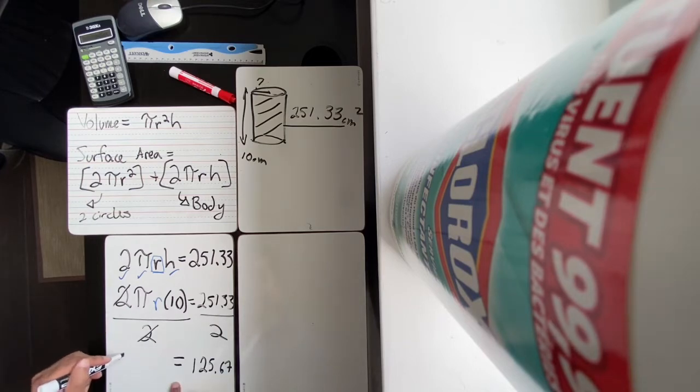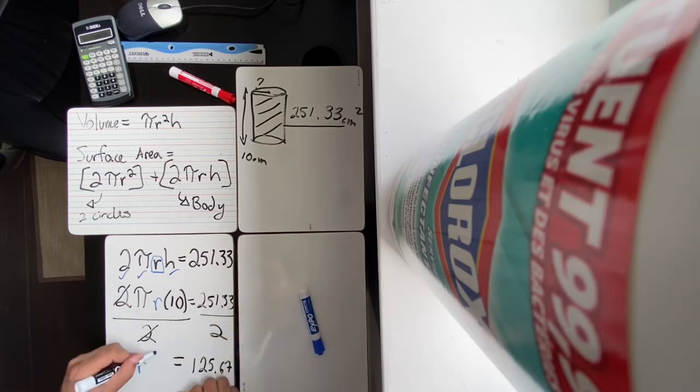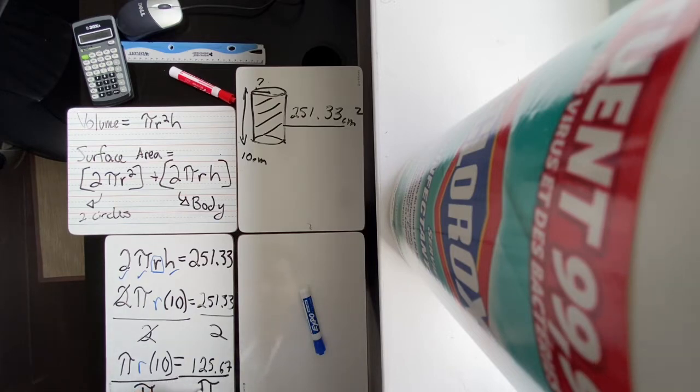So we still have our pi, we still have our unknown r, and we still have our 10. So what should we pick away next? How about this pi? Let's get rid of the pi. I'll divide this side by pi, which means I divide this side by pi.